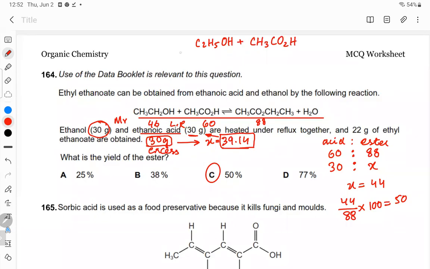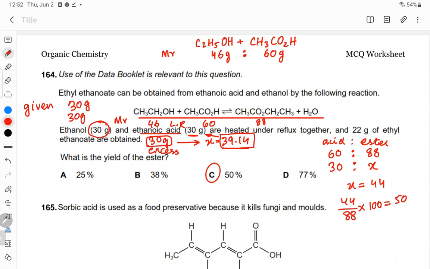So if we use their MR, what we can identify is that 46 grams of ethanol will react with 60 grams of ethanoic acid, right?